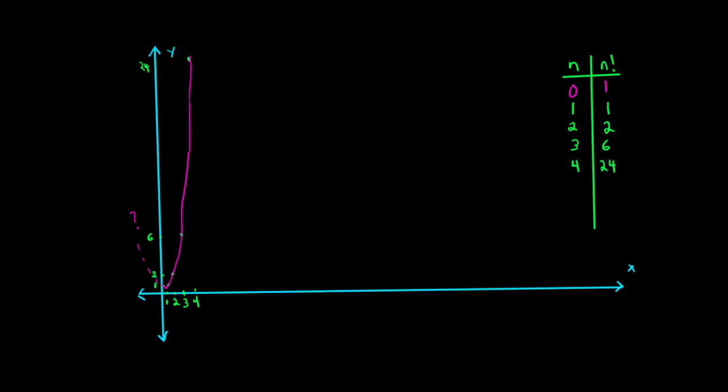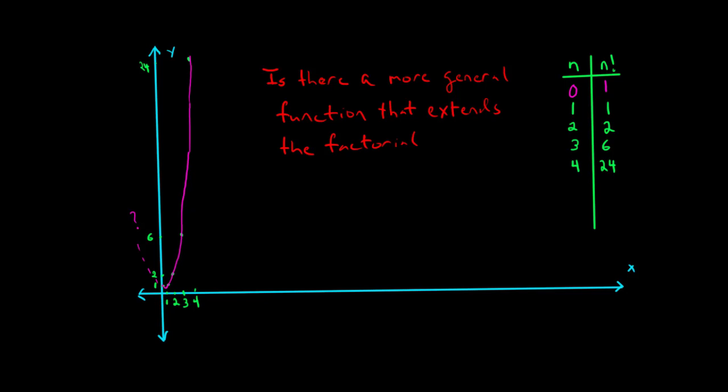We don't know yet what this graph should look like. This is just a guess. In fact, on the negative x-axis, it's wrong. But the question remains, is there a more general function that extends the factorial beyond integer inputs, beyond the positive integers? That's what we're looking to do here.